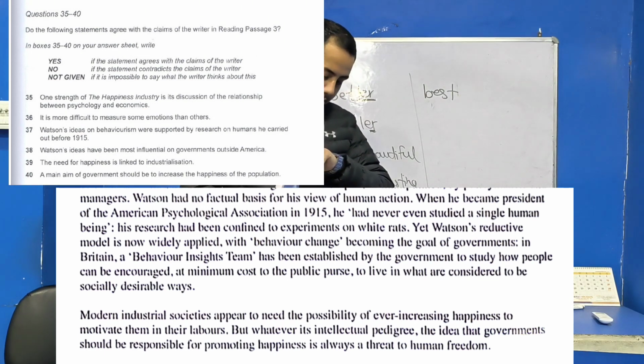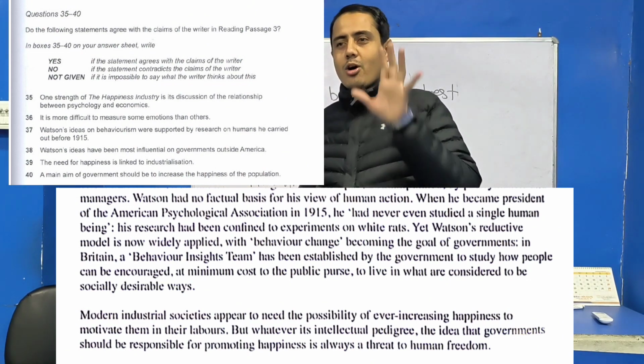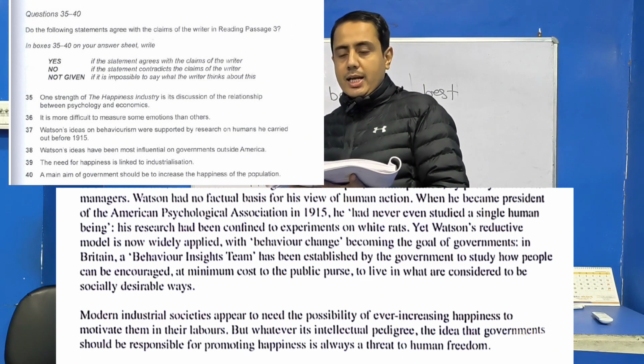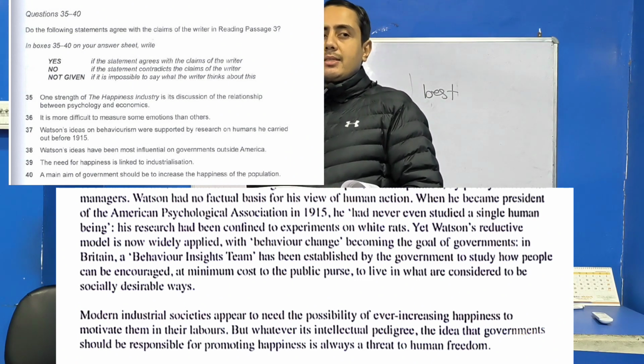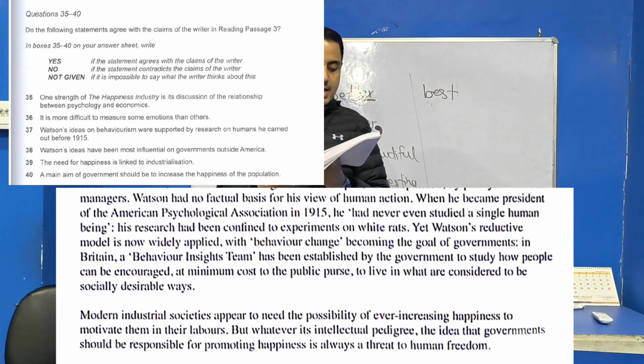Okay, now whatever you have decided, your own answer, lock into that. Let's check it. First of all, if you understood the question, like I said, critical thinking is important to find answers to questions like these. Whatever Watson's ideas are, we don't know what the idea is, but whatever the idea is, that idea influences governments.